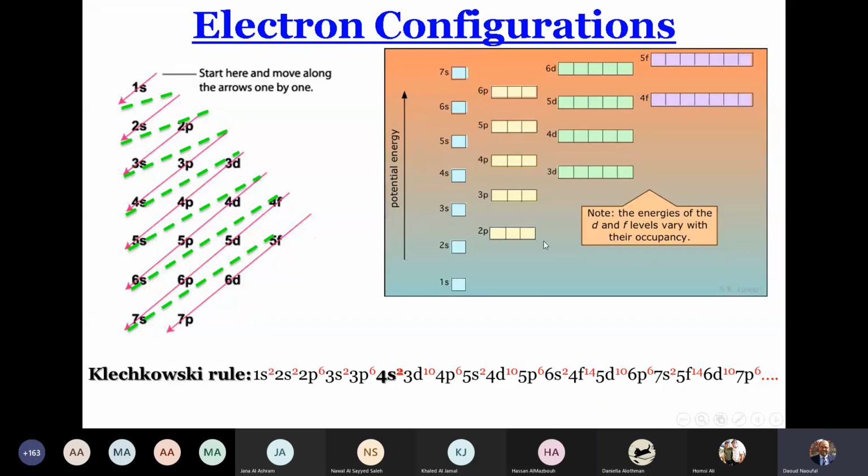So we calculated the energies of all sublevels according to the Schrödinger equation. We apply the Aufbau rule. We obtain a representation known as the Klechkovsky rule that makes the writing of the electronic configuration easier.